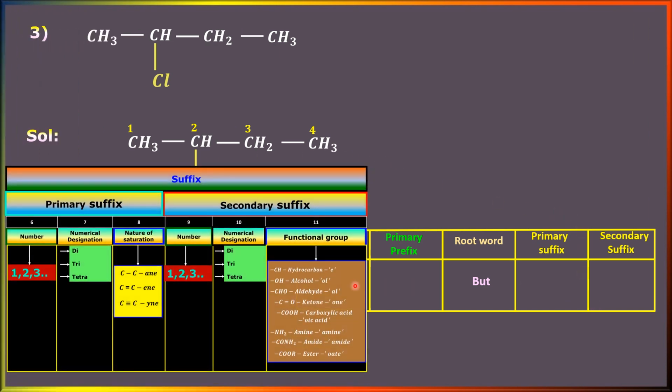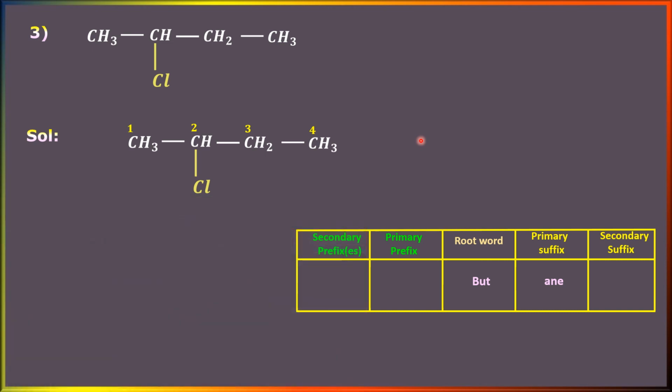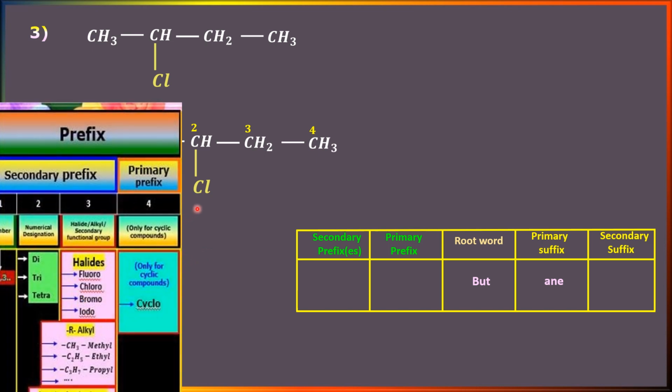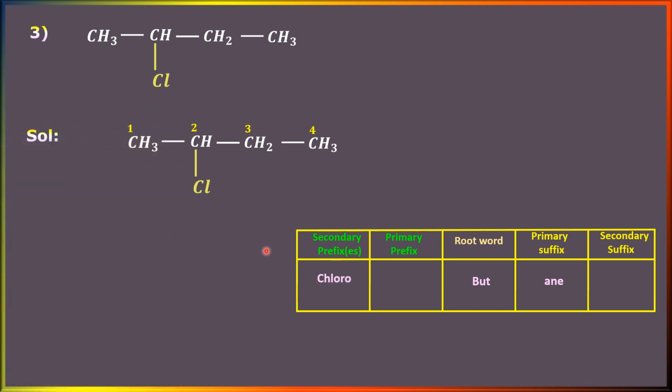Primary suffix: only carbon carbon single bonds are there in the parent chain, so it is ane. Next, there is one substituent, called secondary prefix. Chlorine means chloro, the secondary prefix, and it is attached to the second carbon atom in the chain. So 2-chlorobutane. The IUPAC name is 2-chlorobutane.